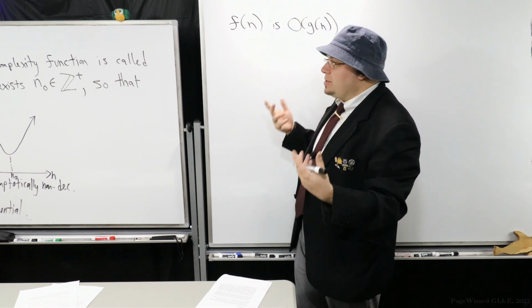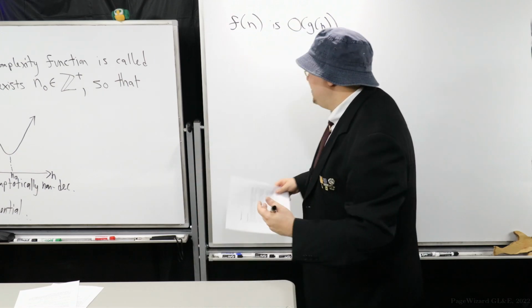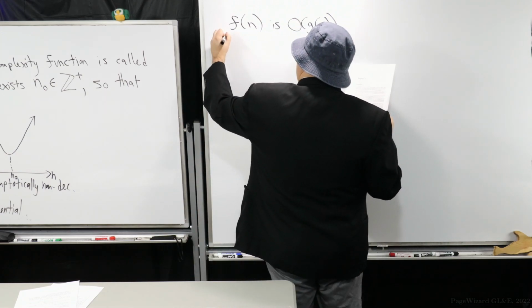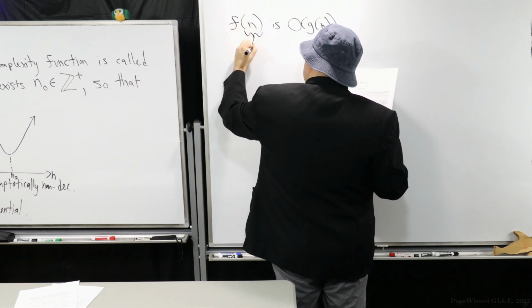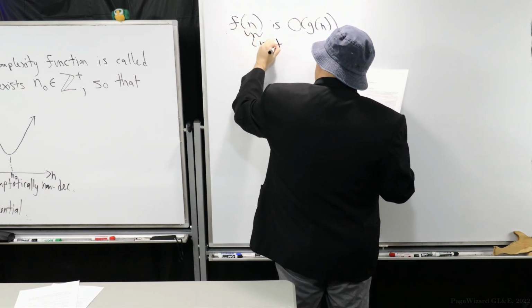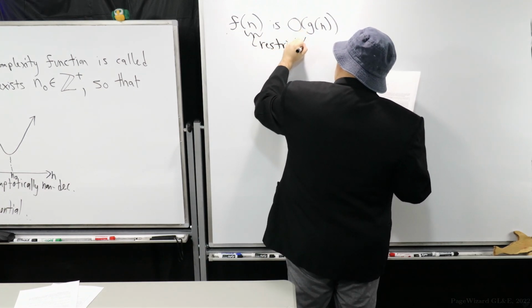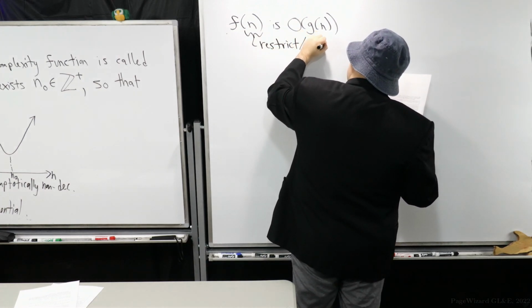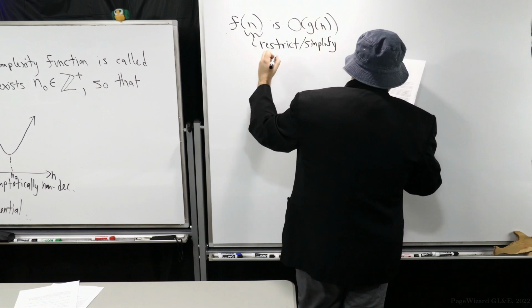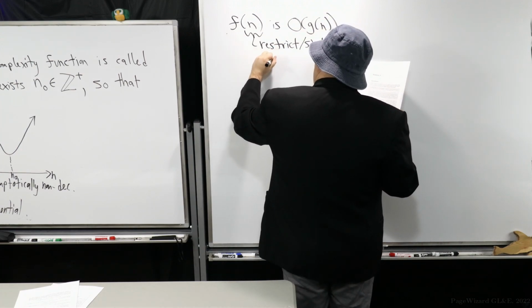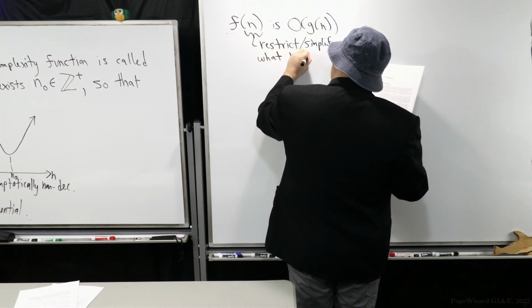I would like to be able to make presumptions, so I can restrict or simplify what n is.